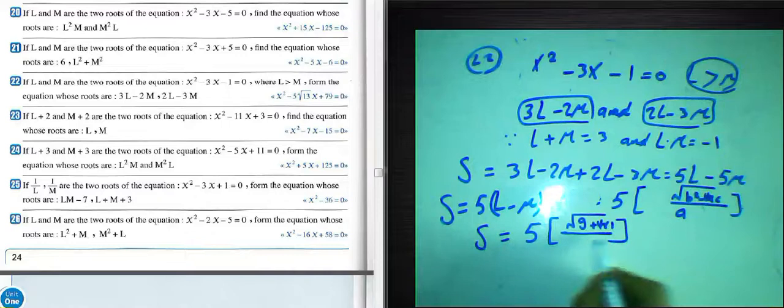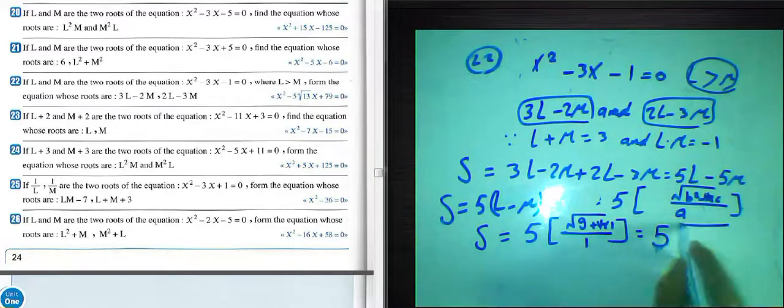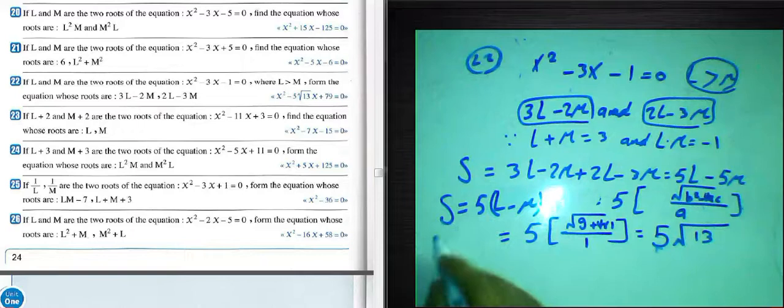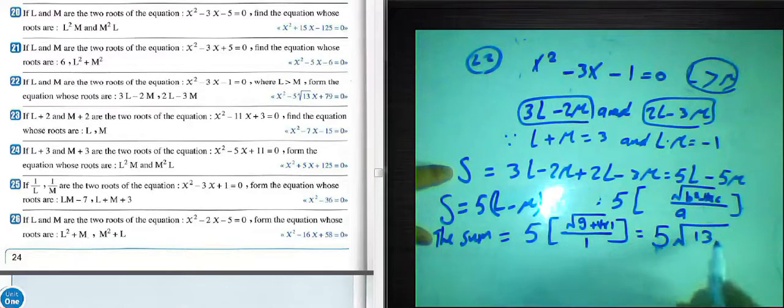Over A equals 1, equal 5 root of 9 plus 4 equal 13. It was the sum. So the sum is reversed to the sum, it will be 5 root 13.